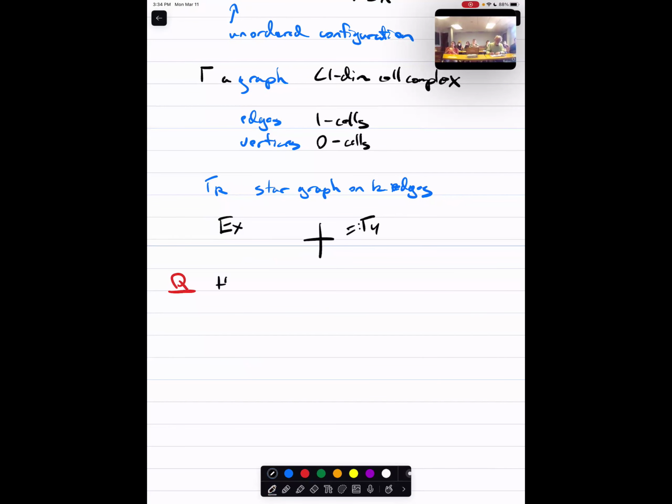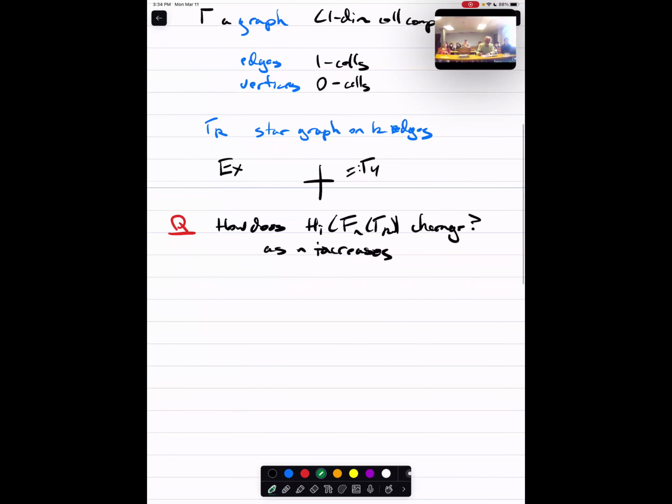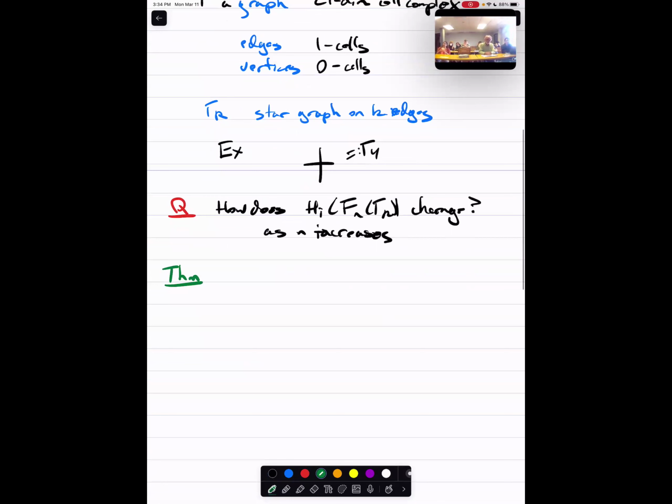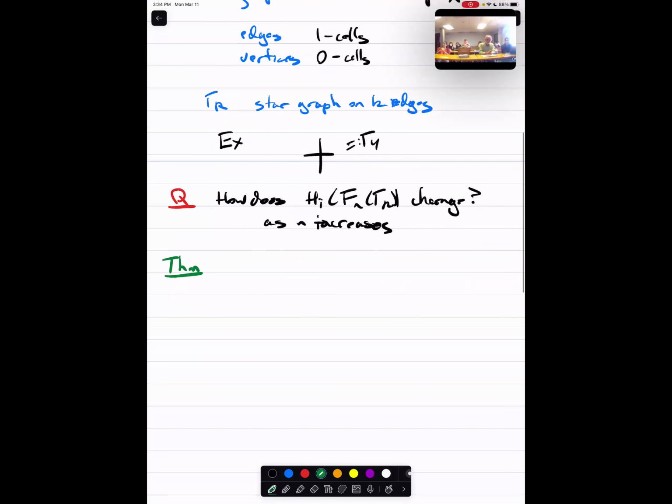How does H_i of F_n(Gamma_k) change? As n increases, we're going to say that this is representation stable. And for me, this is going to mean it's a module over some algebra, and this module is going to be finitely generated.